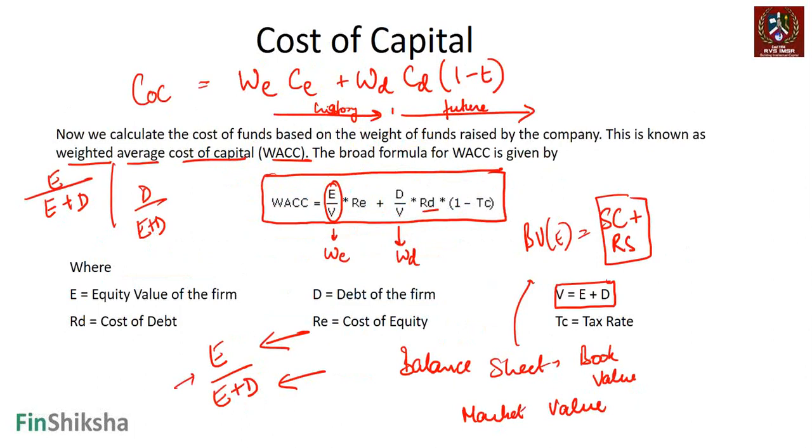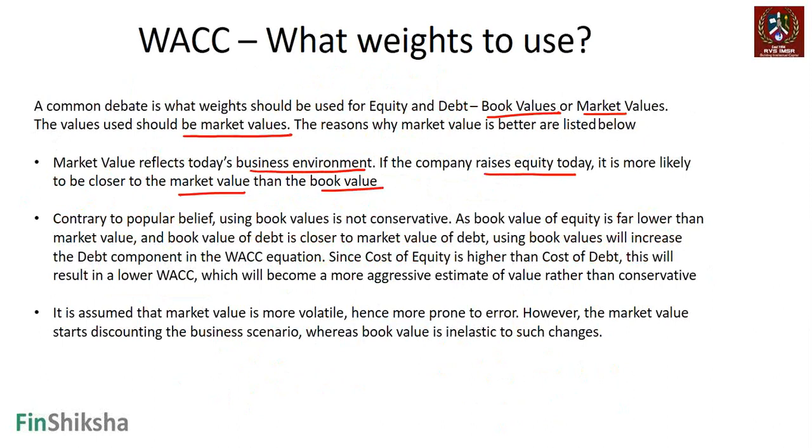So usually market value should be higher than the book value. That's the broad premise we all work on, right? Hence it is always better to use market value than book value. Then generally people believe that using book values is conservative. That's not true, right?